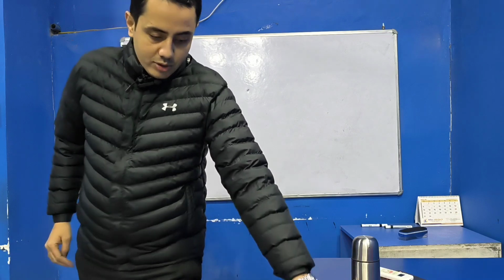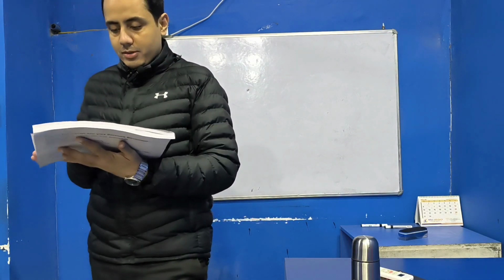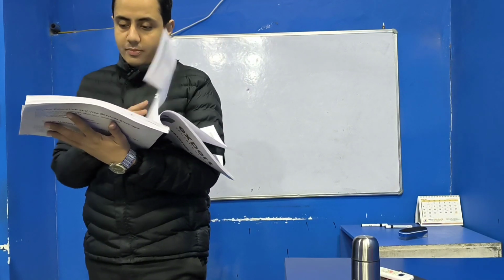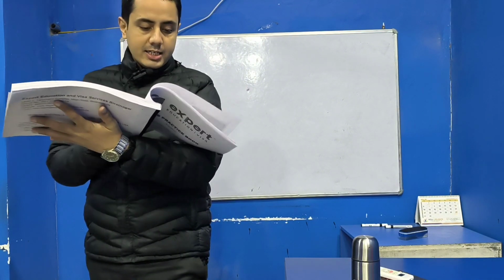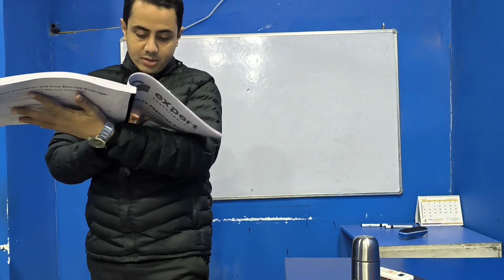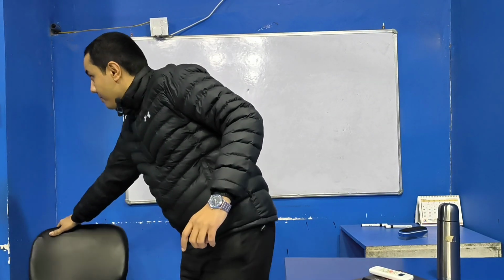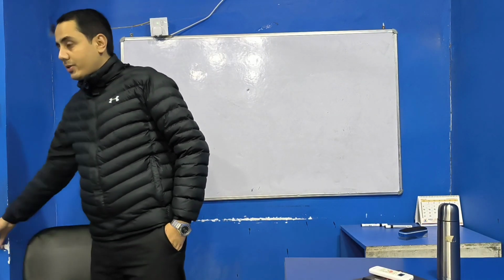So, to see an example of what I am talking about, why don't you go to IELTS 13, page number 23. Don't have a book. Look at IELTS 13, page number 23.